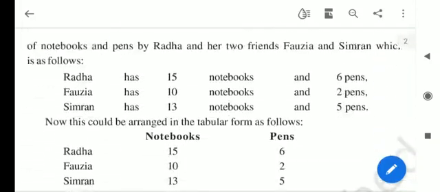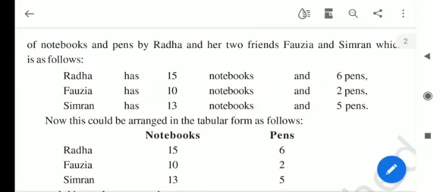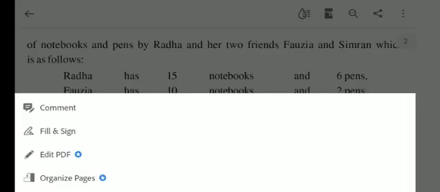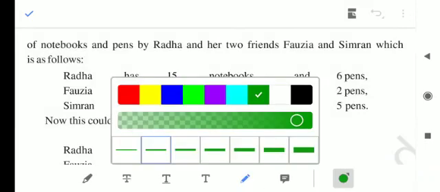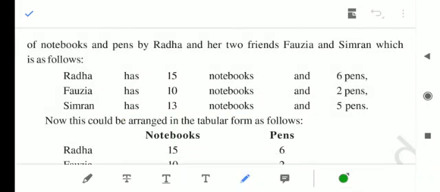You can see a particular example. Radha has 15 notebooks and 6 pens, Fauzia has 10 notebooks and 2 pens, and Simran has 13 notebooks and 5 pens.